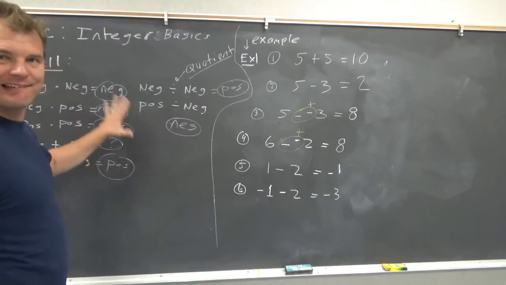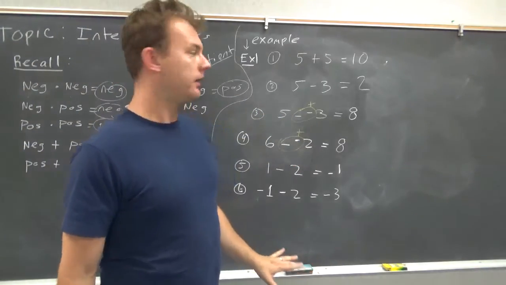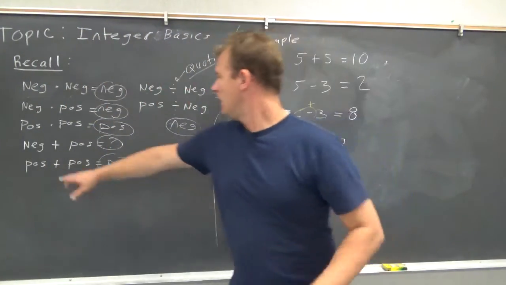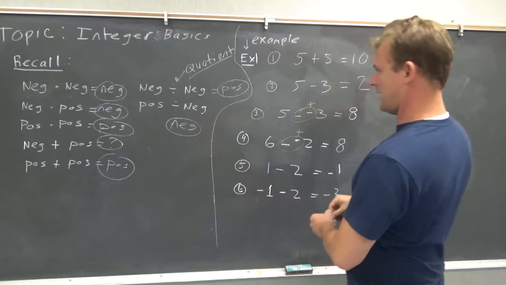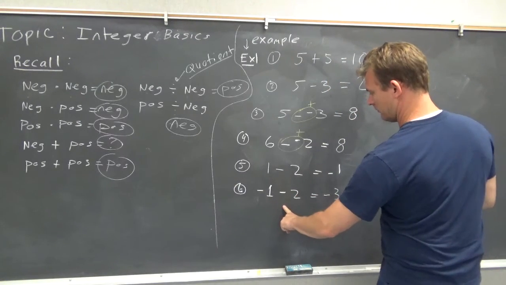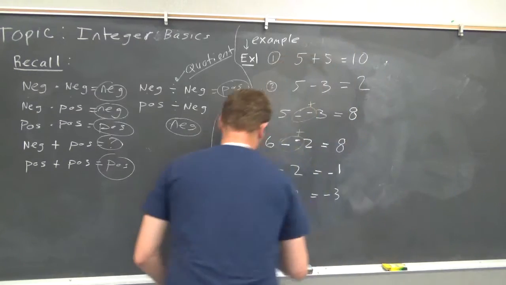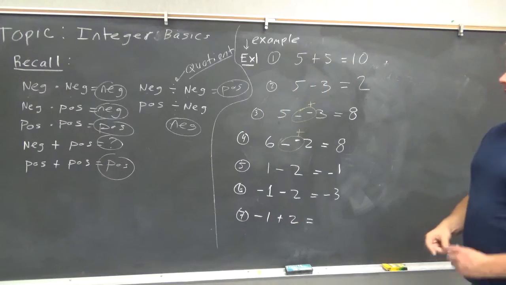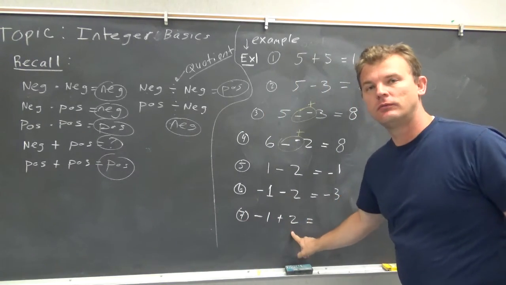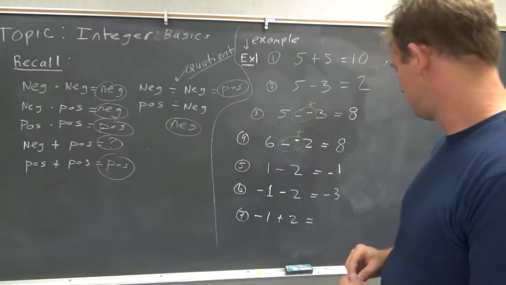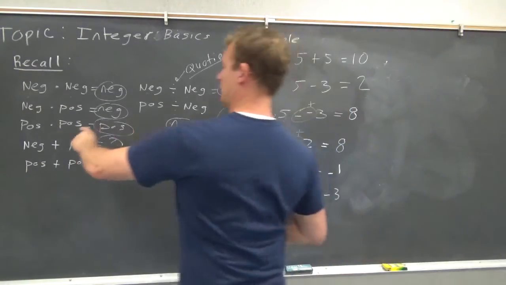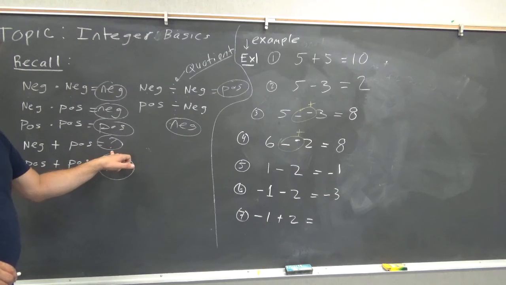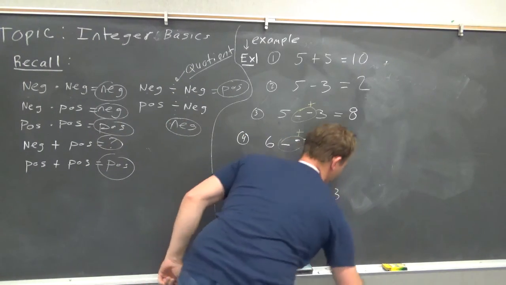Now, you studied this, but I haven't had any of those yet. We're getting there. Oh wait, didn't I say a negative plus a positive? 7: negative 1 plus 2. What's negative 1 plus 2? Well, we don't know. Actually, it's just going to be 1.